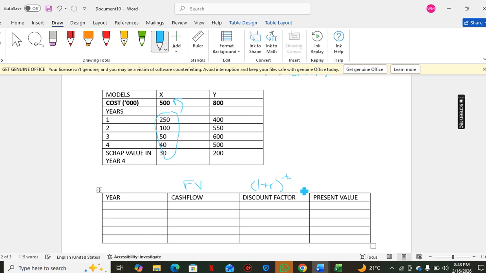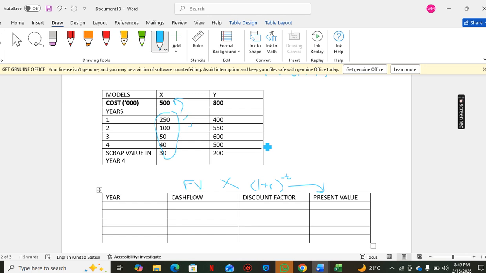When you multiply these two, this is what's going to give you your present value here. So don't get confused and say, oh no, with this table something new is happening. No. If you're not comfortable with the table, you can just use the formula and apply it on each of these individually, then add them up.